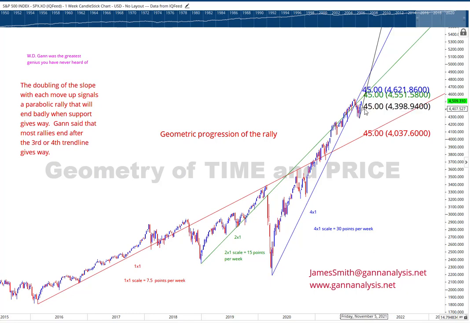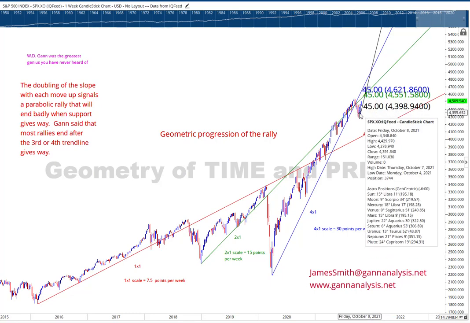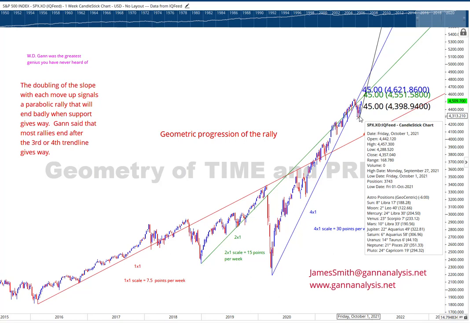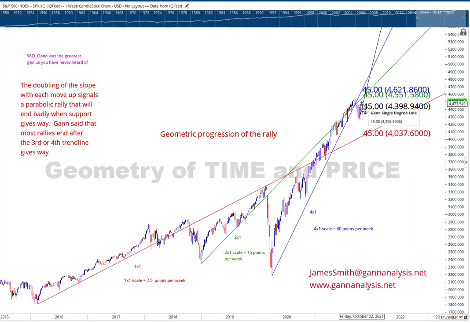So we broke the third trend line here. That could have been the end of the rally, but it appears that we're still going higher, which means you may, if you get to new highs, who knows, you might just keep going up. And then when this black line gives way, you'll know that you've broken the fourth ascending Gann line.